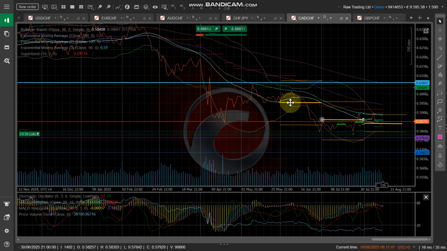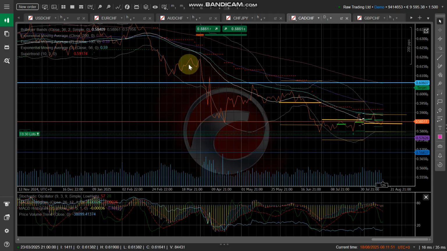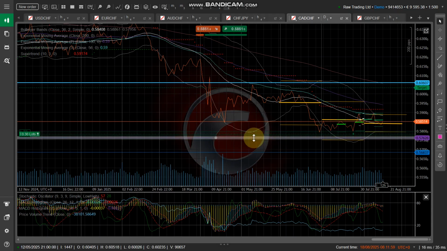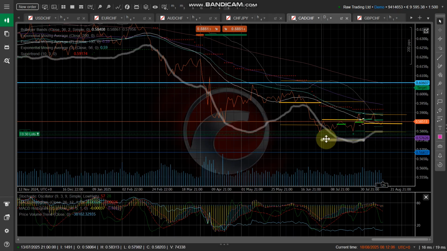The daily itself is trying to weave its way down with two legs, one leg, the second leg. Anyway, they cannot manage to get through this range in the daily.